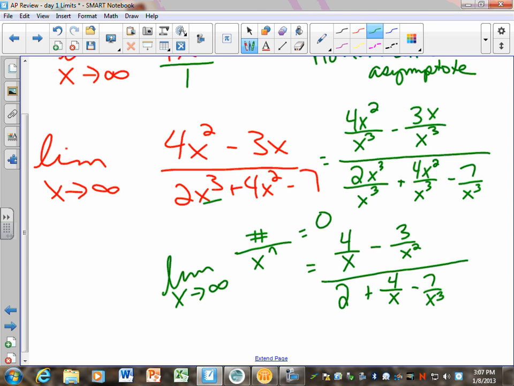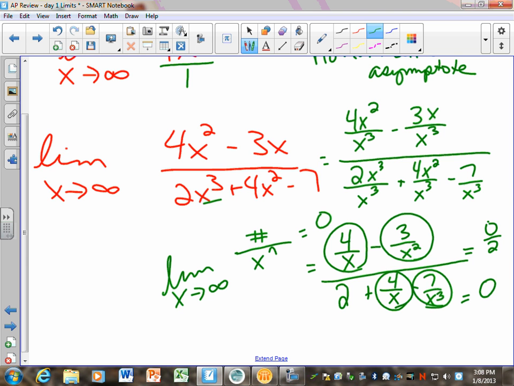So this is why this shortcut works, and it's actually why the rules we have work, because this is going to go to 0, this is going to go to 0, this is going to go to 0, and this is going to go to 0, and I'm going to be left with 0 over 2, which is just 0.